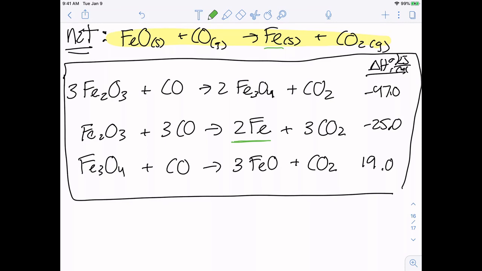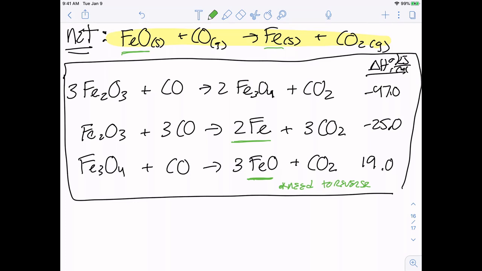The only one of the reactions that has iron 2 oxide in it is my last one. This is on the product side. I want it on the reactant side, so I know I need to reverse this one. So I know that has to happen. If I do that, then my Fe3O4 actually ends up on my product side.